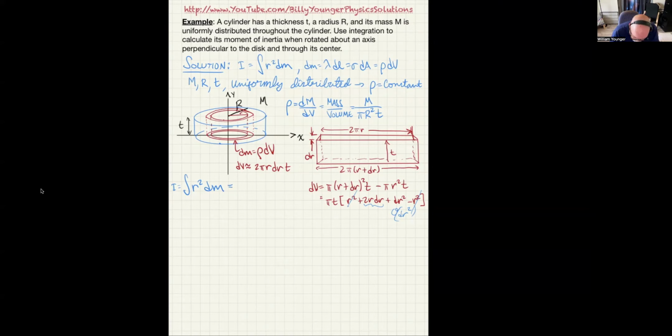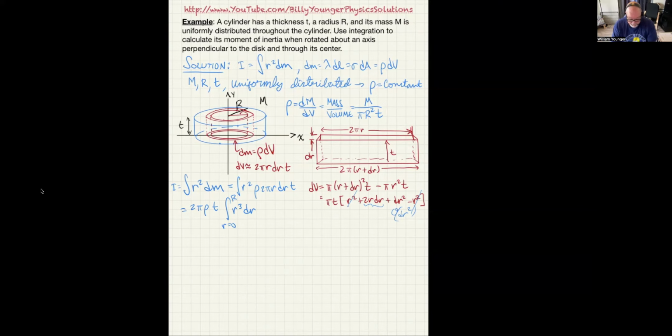We're going to say the integral is r, and we're using the variable r, so that's no problem. It's going to be r squared times rho times 2 pi r dr times t. Now I'm going to pull out all of those constants, which become 2 times pi times rho times t, integral from r equals 0 to big R of, now we have r cubed dr. That's a trivial integral.